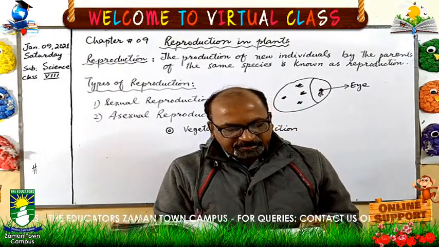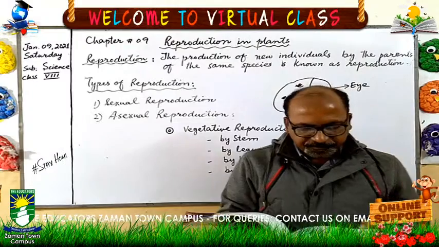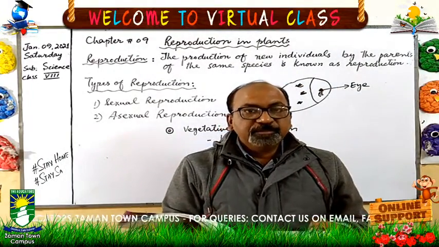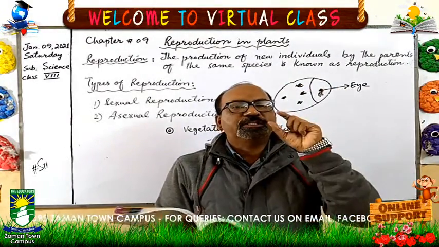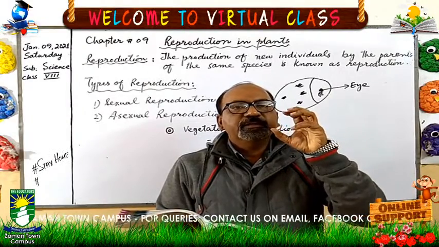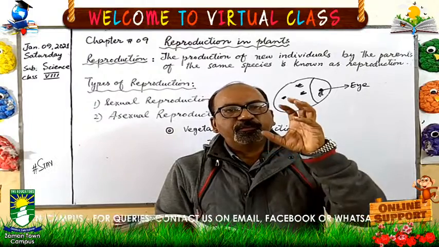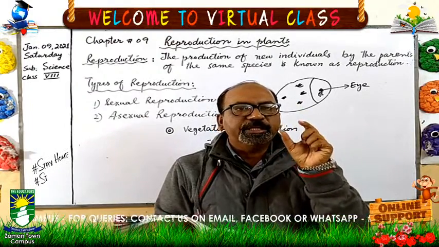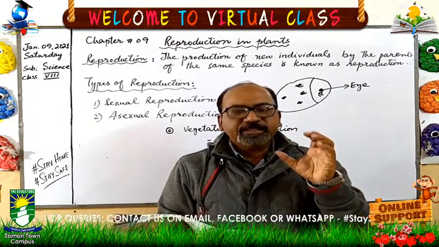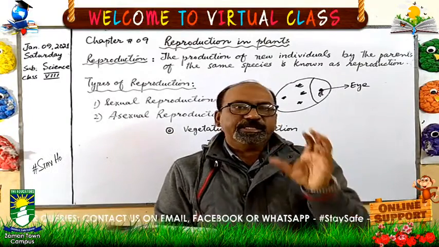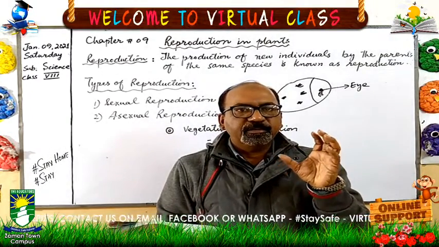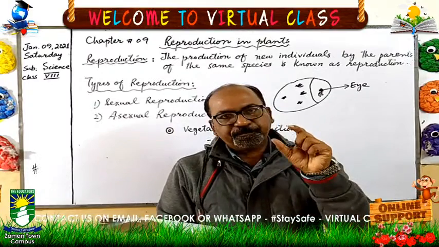There is another example, the bulb. Bulbs are actually a very short stem, and these are swollen. Why are these swollen? Because food is stored in these little parts. And the example of the bulb is onion. Onion is also a stem.